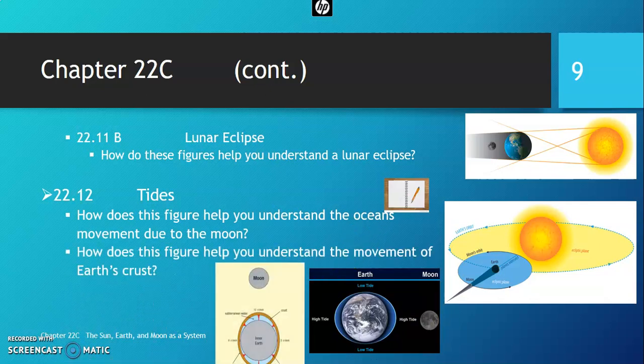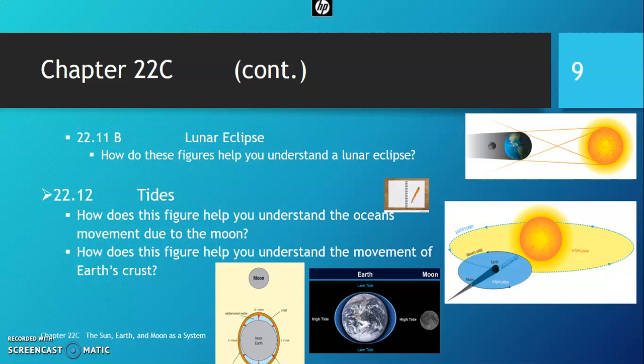All right, welcome back. And the last figure is wanting you to understand that not only does the water on Earth move because of the moon, but there's a diagram there that's a little different than the one I've got. The one in your book shows red and blue, with red representing a movement of the crust.